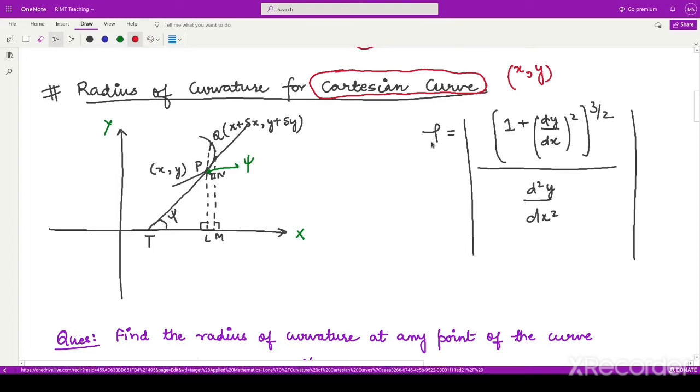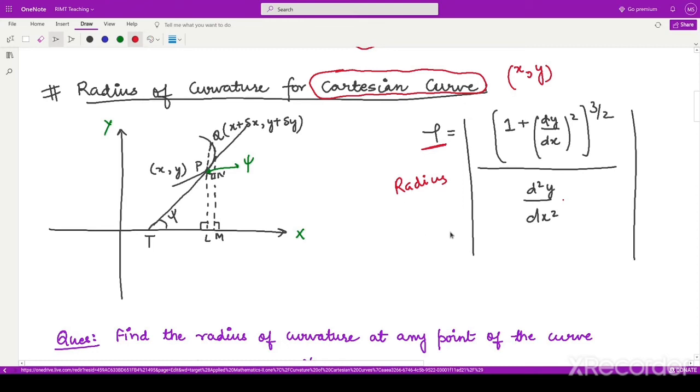This is the formula that is given to you, and you have to remember it: 1 plus the first derivative of y with respect to x, squared, the quantity raised to the power 3 by 2, divided by the second derivative, and finally you take the modulus of the quantity. Why modulus? Because it represents the radius of curvature. And what is radius? Radius is distance.